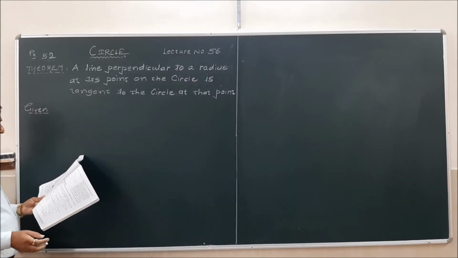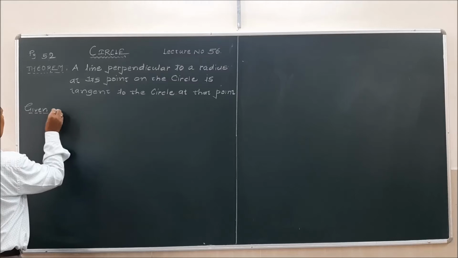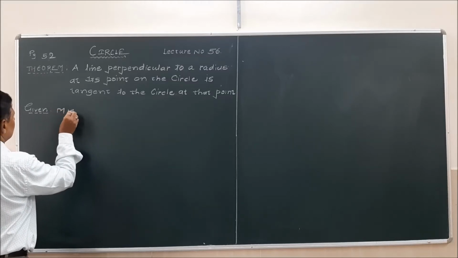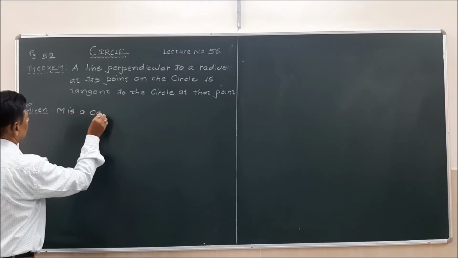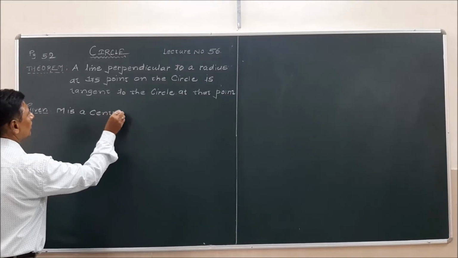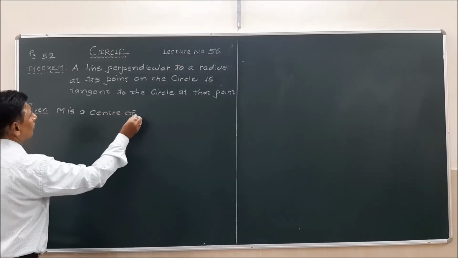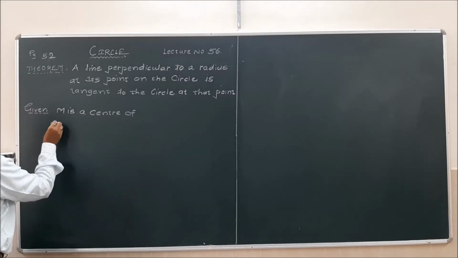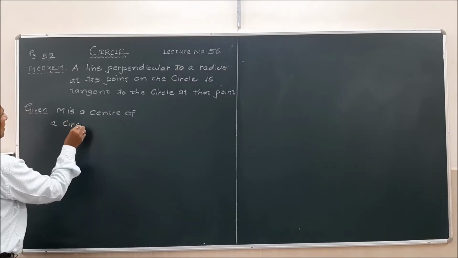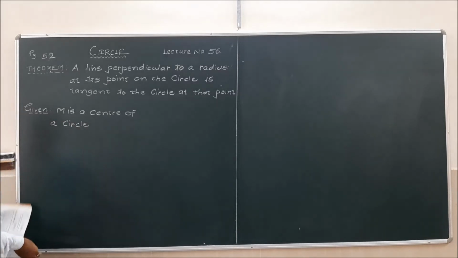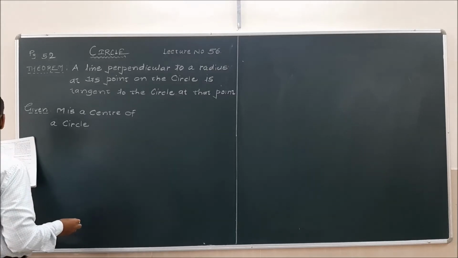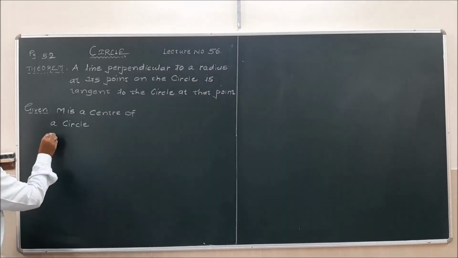Then you will find, given: M is the center of a circle. MN is a radius.